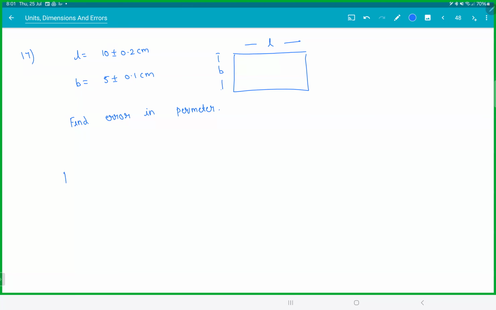So perimeter is simply 2 times L plus B. So L plus B is simply 15 plus or minus 0.3. That is simply 30 plus or minus 0.6 centimeters. Just multiply, done. You want error in P, that would be 0.6 by 30 into 100. That's 2%.